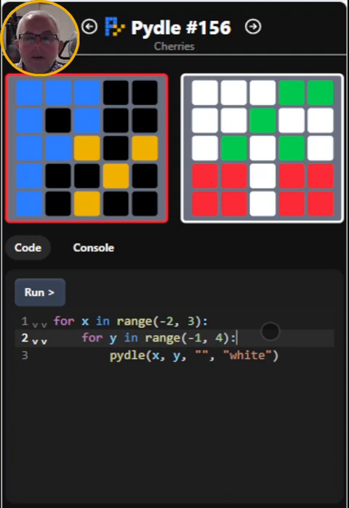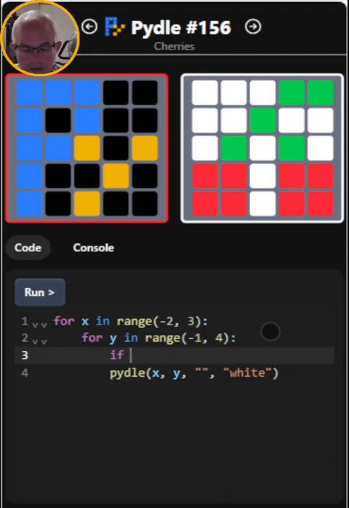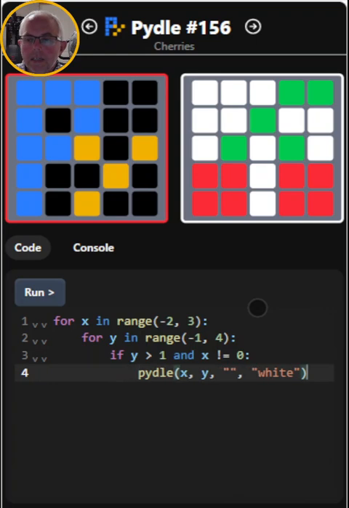Okay, so let's do the reds first. They are quite simple. So we can say if y greater than 1 and x not equal 0, red, just going to make that red.